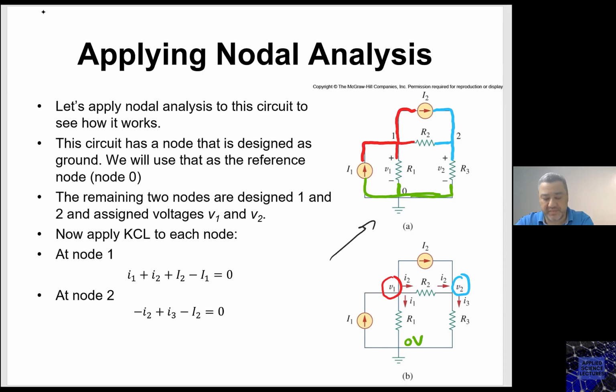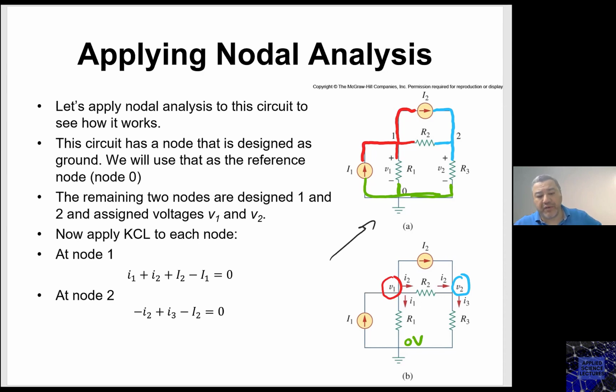That's correct. The reference could be here. If the reference is at this one, then I will be putting the ground right on here, and this will be the 0, and the other one would be V2.